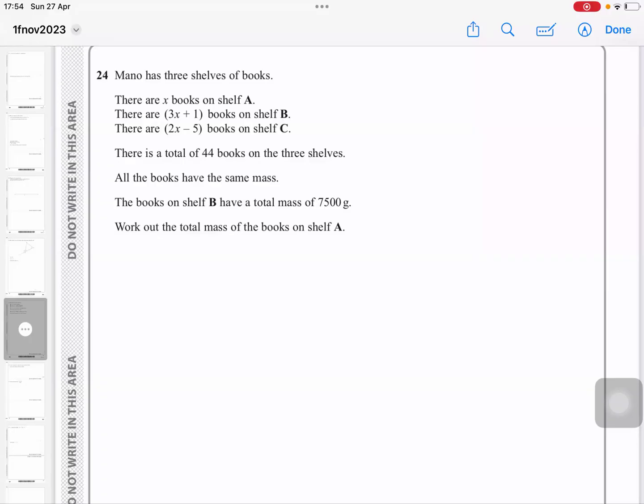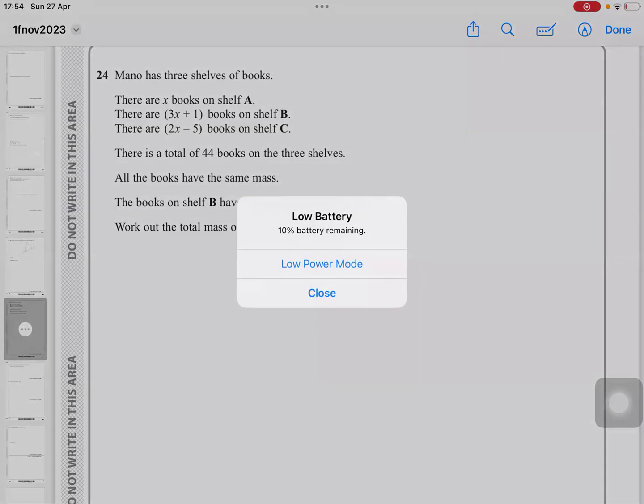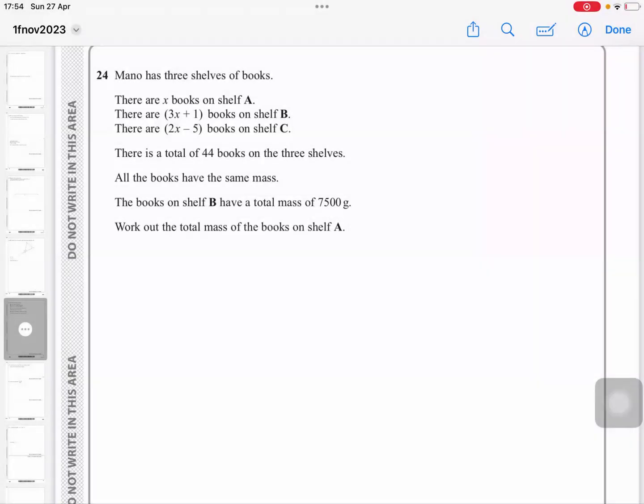So let's collect like terms. X plus 3x is 4x. 4x plus 2x is 6x. Collecting the other like terms, we only have 1 minus 5. And 1 minus 5 is minus what? Minus 4, right? Yes. Are you following me with my calculation?